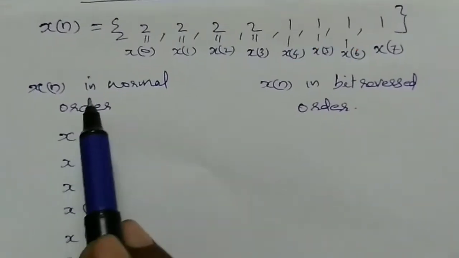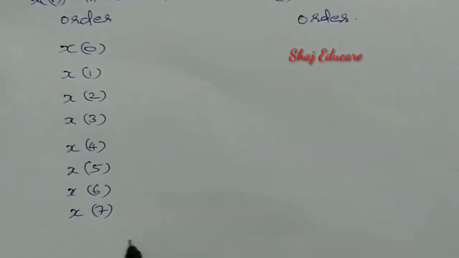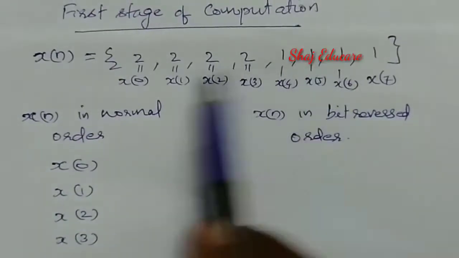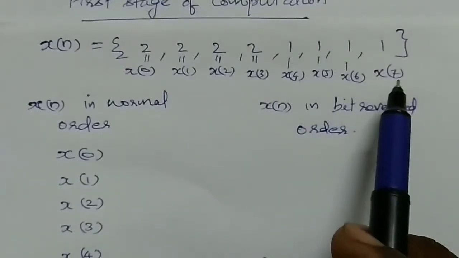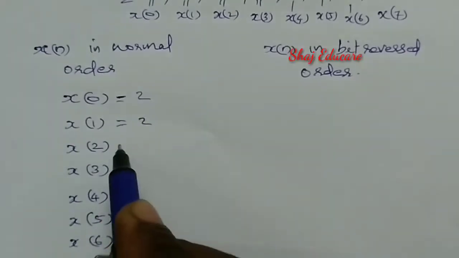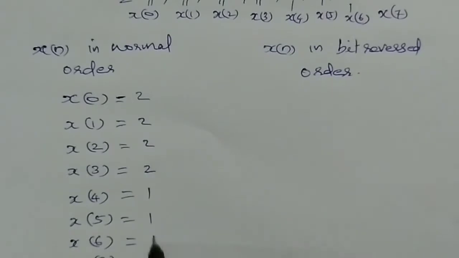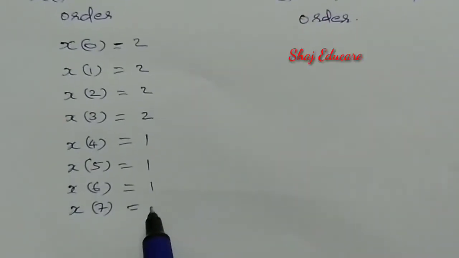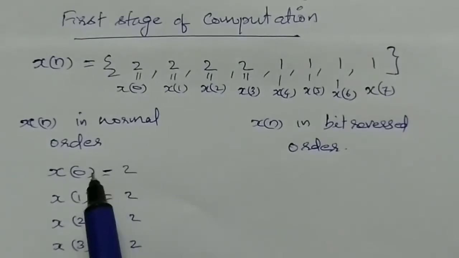Here this is the x of n in the normal order, normal order in the sense as per the given question itself. Here x of 0, x of 1, up to x of 7 is written, so we have to complete it. Now here we have to enter the bit reversed sequence.